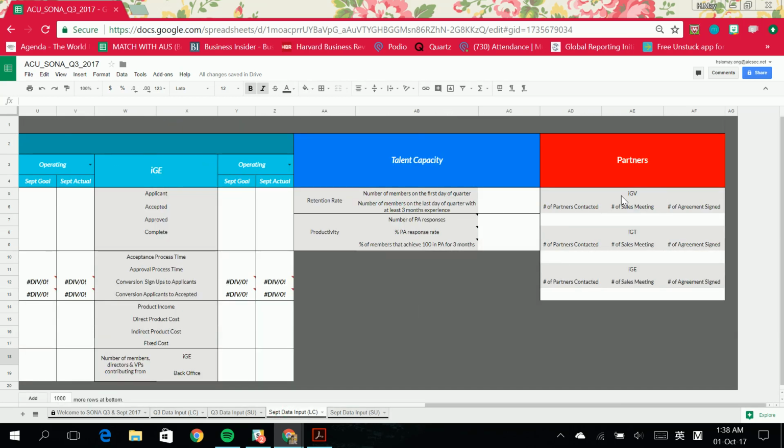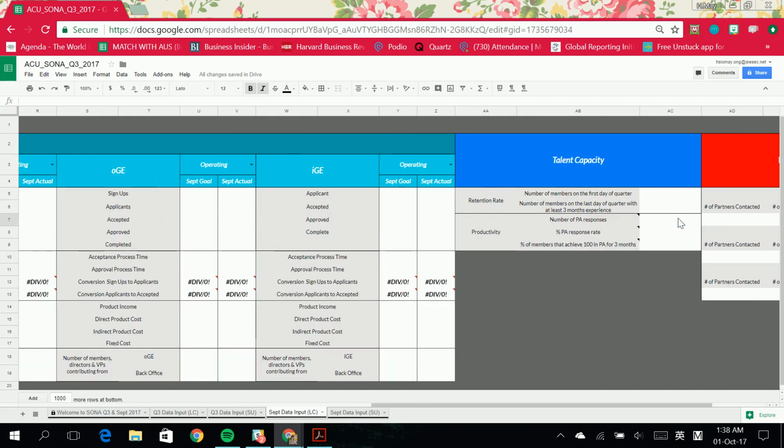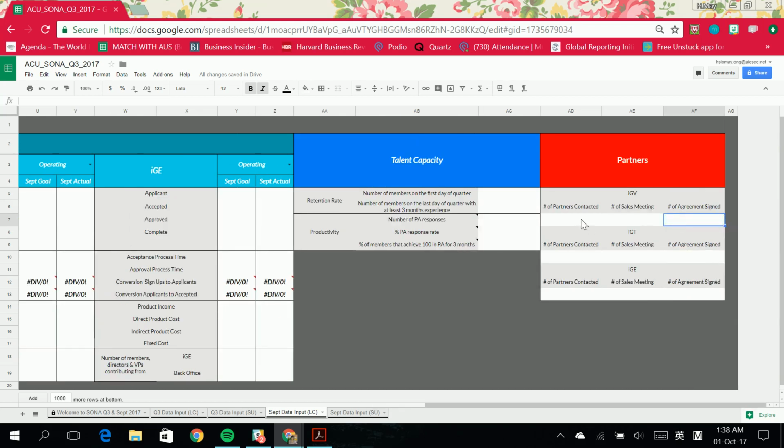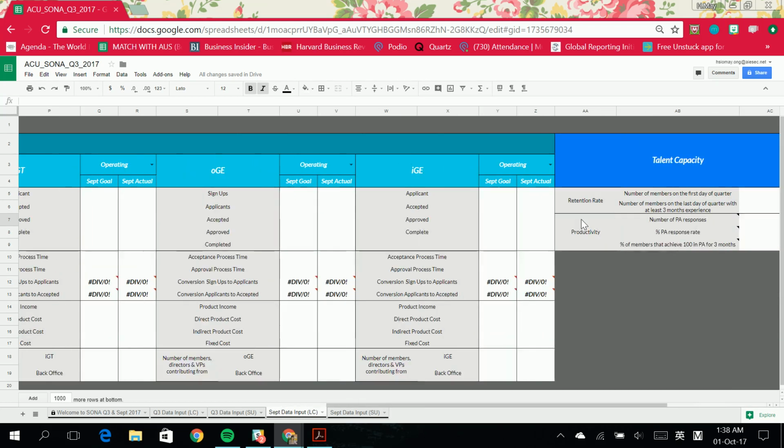So you are working on sales for IGV, right? So you only need to fill in number of partner contacts, number of sales meetings, and number of agreements signed here only. Make sure that the contacted, sales meeting, and agreement signed are for September only. You do not need to fill in other months.